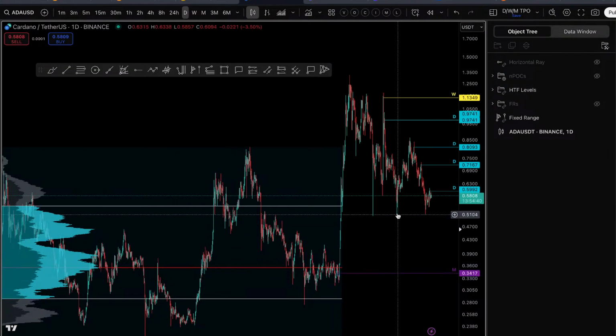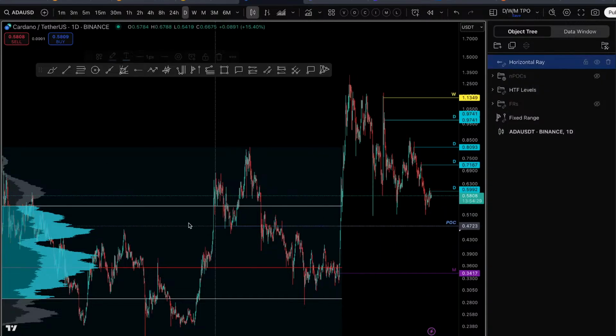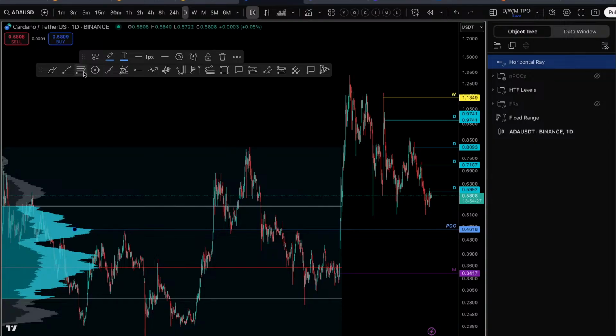Monthly here, value area high is being. We have a high volume node here. It's not that, it's a high volume node.